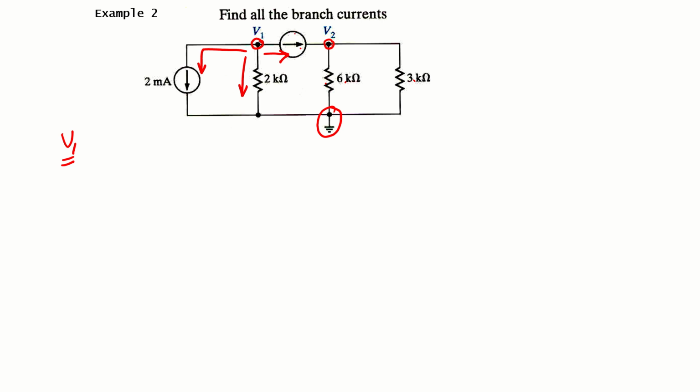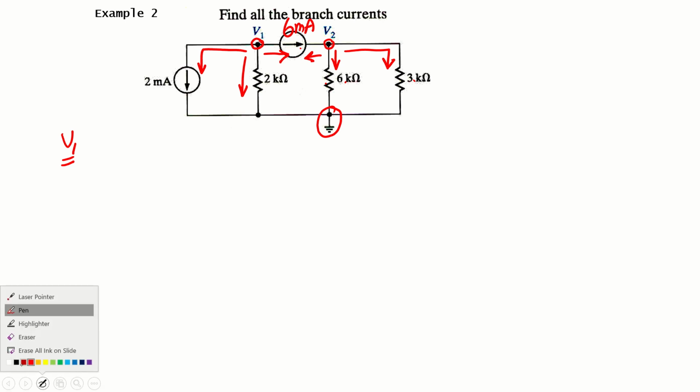The value of this current source here is 6 milliampere. So the currents through our V2 are through 6 kilo ohm, this 3 kilo ohm, and 6 milliampere that will basically be going this way.